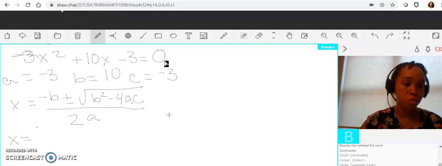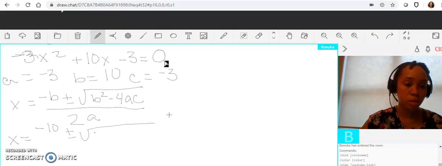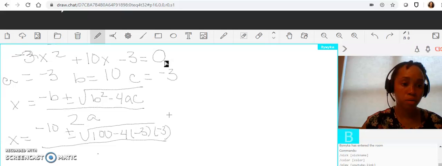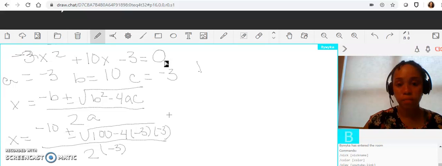So let's plug in what we have. So I have x equals negative b, so that's going to be negative 10, plus or minus the square root of b squared, which is 100, minus 4 times my a, which is negative 3, times my c, which is negative 3, all over 2 times my a, which is negative 3. So let's go ahead and start evaluating. Order of operations is very important, right? We have to always adhere to order of operations.